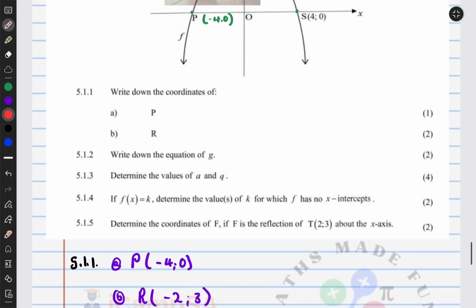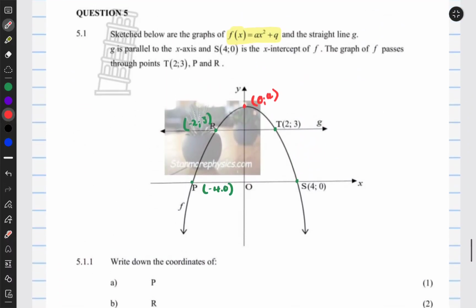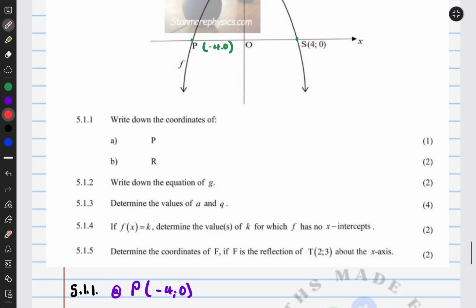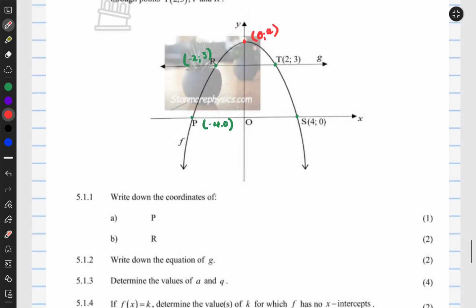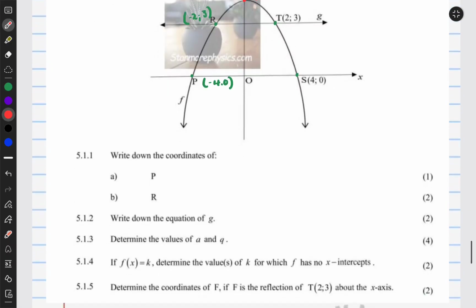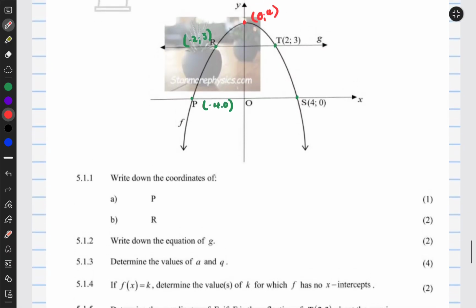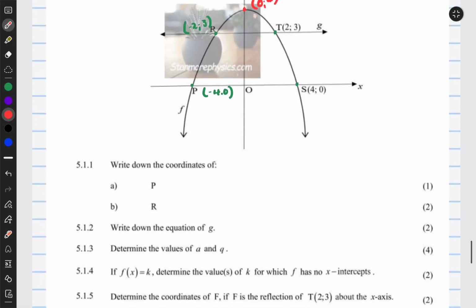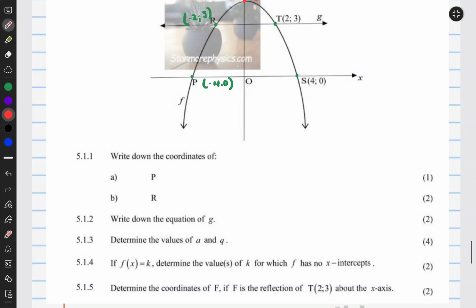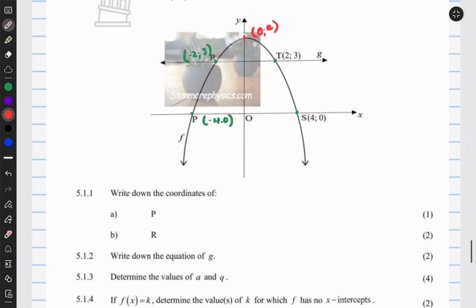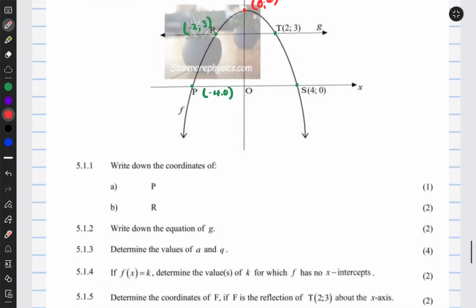Okay, let me see. If f at x is equal to k, determine the values of k for which f has no x-intercept.